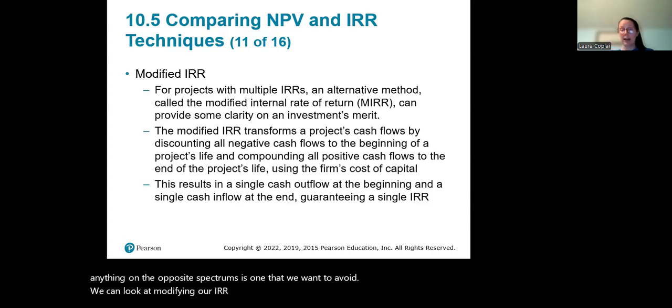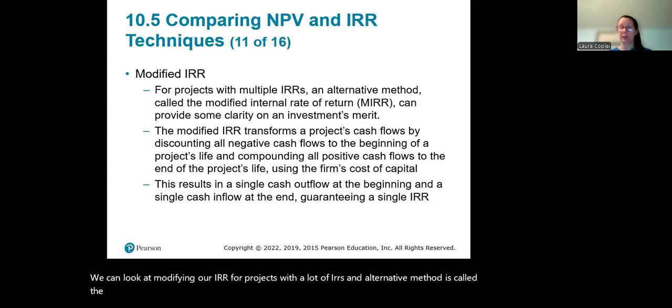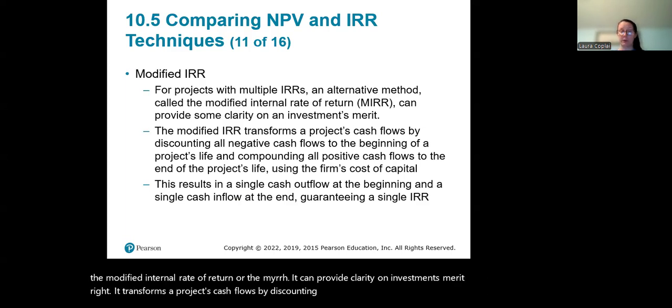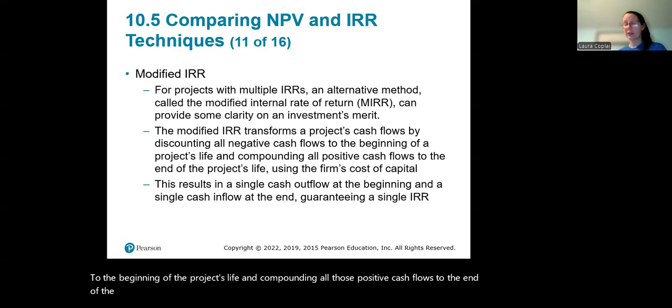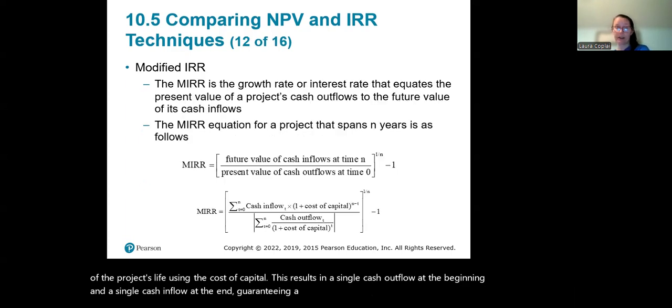For projects with multiple IRRs, an alternative method is called the modified internal rate of return, or the MIRR. It can provide clarity on an investment's merit, right? It transforms a project's cash flows by discounting all negative cash flows to the beginning of the project's life and compounding all the positive cash flows to the end of the project's life using the cost of capital. This results in a single cash outflow at the beginning and a single cash inflow at the end, guaranteeing a single IRR.